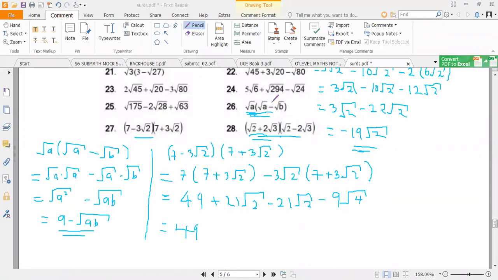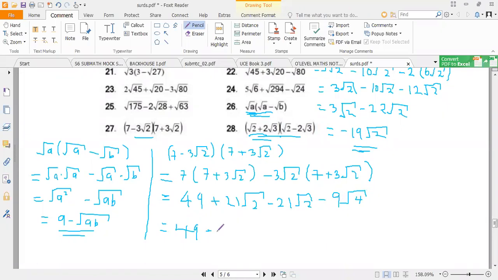Like when you're solving any other unknowns, if you have 21x minus 21x, that will be a 0. So still, this one will subtract this one to give us a 0, such that we only remain with negative 9 root 4. But we know that the square root of 4 is 2.